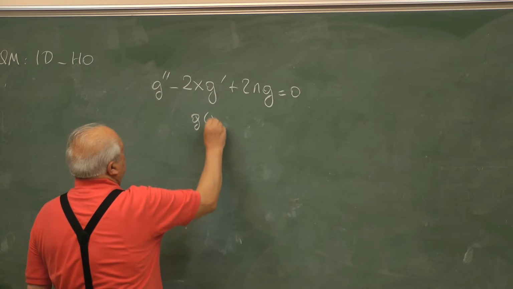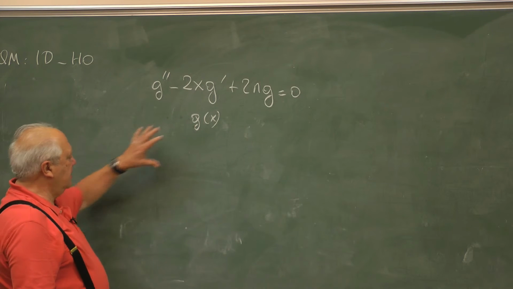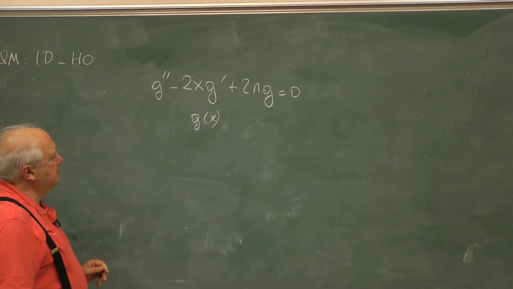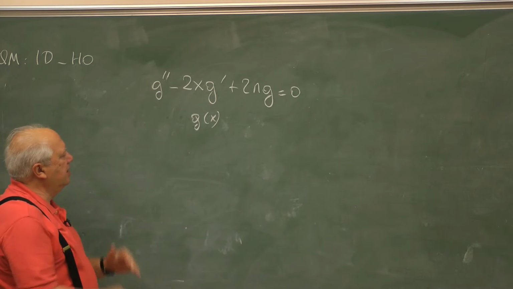G is G of x. Remember, we found, again to repeat, the solution as a power series, which we terminated.